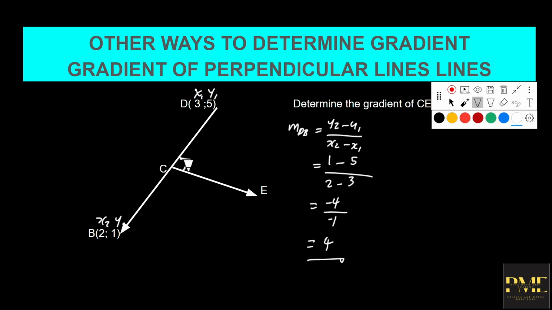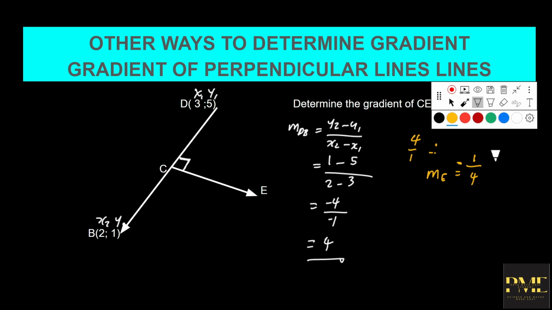Now to calculate the gradient of EC, what you're going to do is, we have 4, which is 4 over 1. So our gradient of EC, we take the numerator and make it the denominator, and the denominator the numerator, so we have 1 over 4, and then we change the sign. It was positive, but now it becomes negative. Then you will also notice that if you multiply 4 by negative 1 over 4, you get negative 1.